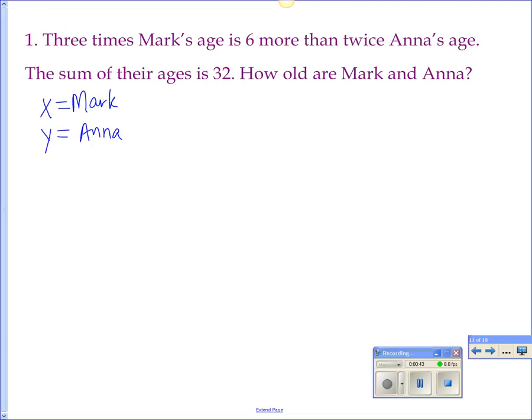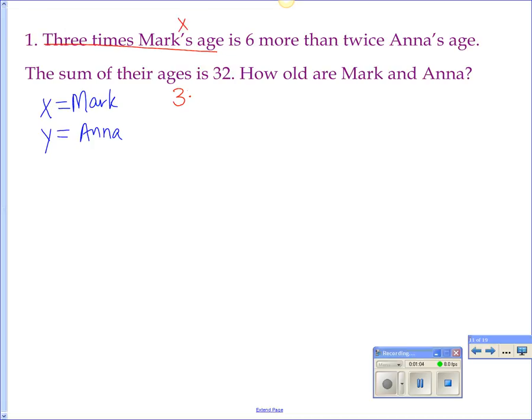Okay, just like before, you need to do your equation in the order it says. It starts out with 3 times Mark's age. That's what I need to write first. 3 times. What letter are we using for Mark?